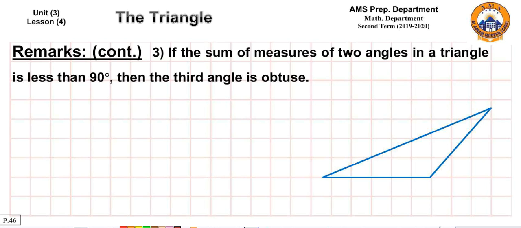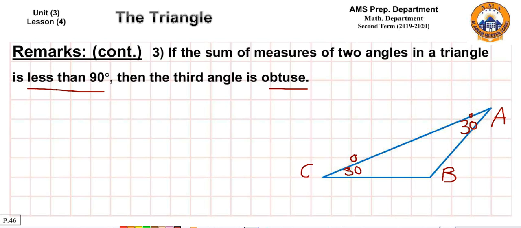if the sum of measure of two angles in a triangle is less than 90, then the third angle is obtuse. So if I have the triangle ABC and this equals 30 degree and this also equals 30 degree.